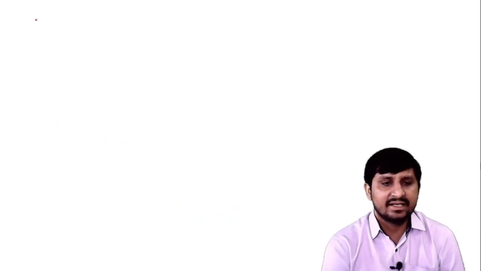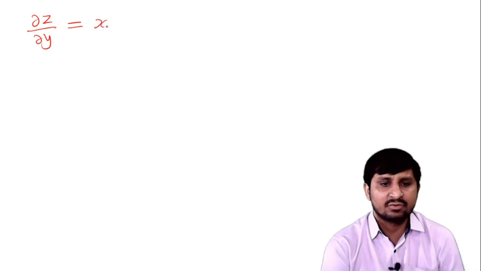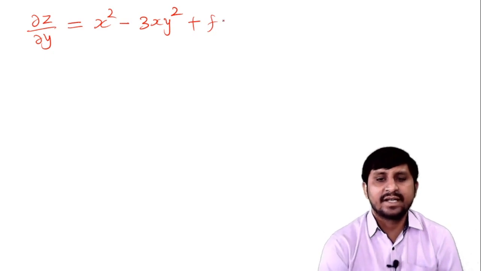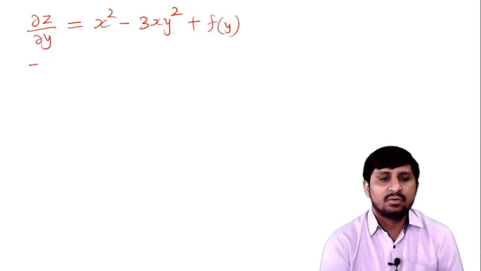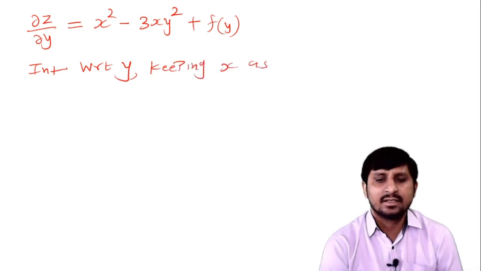Now I write once again: del z by del y is equal to x square minus 3xy square plus f of y. Because I want the value of z, the next step is integration with respect to y, keeping x as constant.